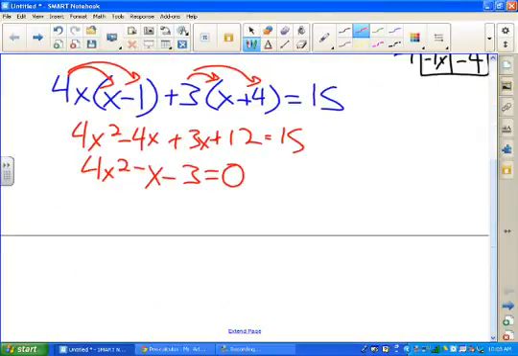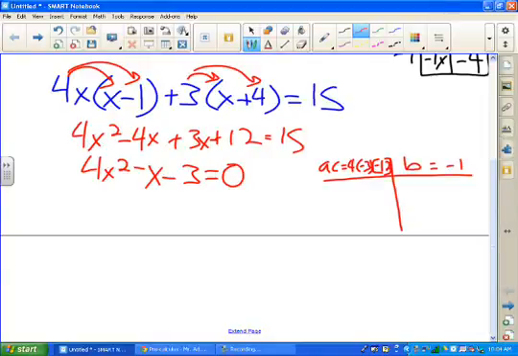To solve a quadratic equation that's set equal to 0, I could factor it, or I could solve by using the quadratic formula. The quadratic formula always works, but factoring is a little easier. You could use the AC method, which means you take the first and the last term, multiply them together, and then figure out what two numbers multiply to get that, but when added give the B term.